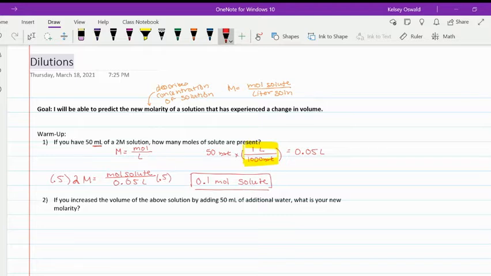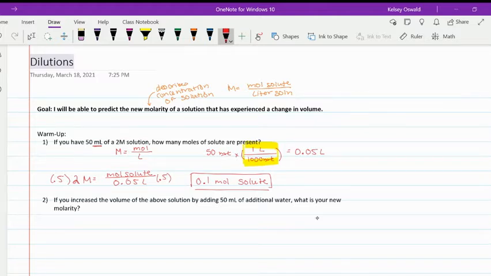We found that just by using the molarity equation, moles of solute divided by total volume. Now we're going to use that in number 2. In number 2, we're asking, if we increase the volume of the above solution by adding 50 milliliters of additional water, what is your new molarity?